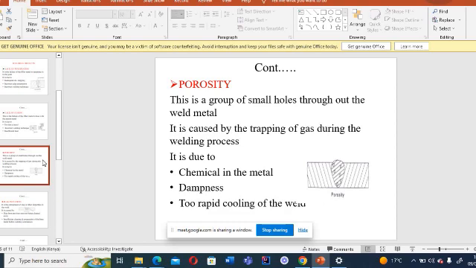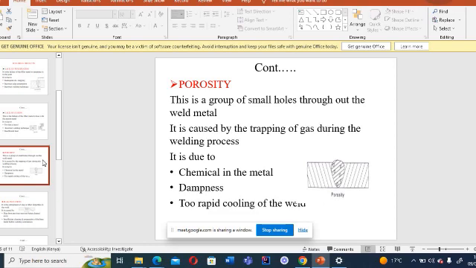This is due to the chemical in the metal, like the oil. When you are welding, you must clean up the base metal in order to remove the chemical in the metal. The second reason is due to dampness.